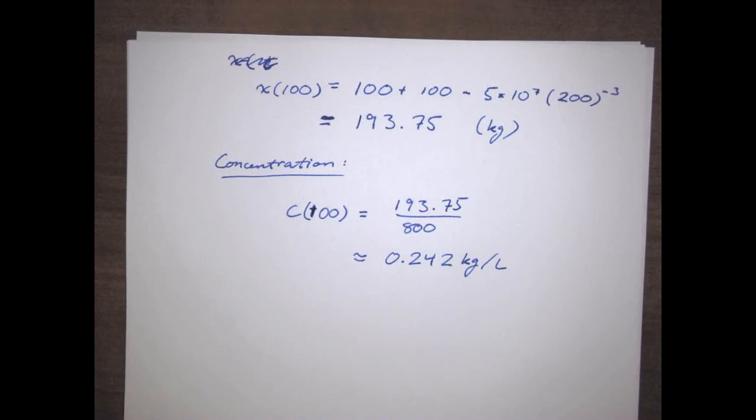And the concentration to begin with was 50 kilograms divided by 400 liters, which was 0.125, which was less than the inflow. So that means that the overall concentration is always going to be a little bit less than 0.25, but it's going to be growing and growing and growing to approach it.